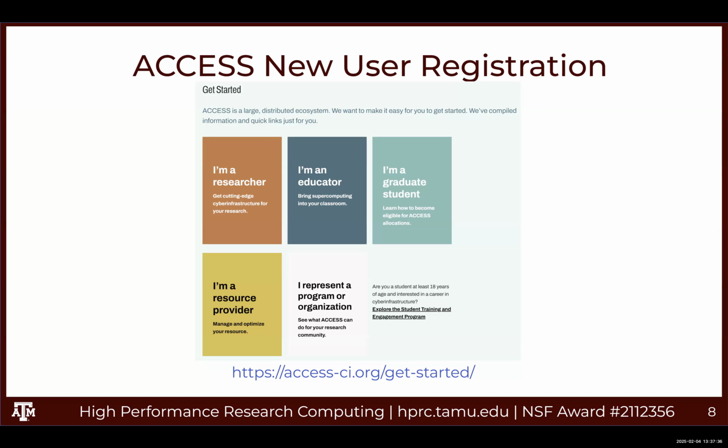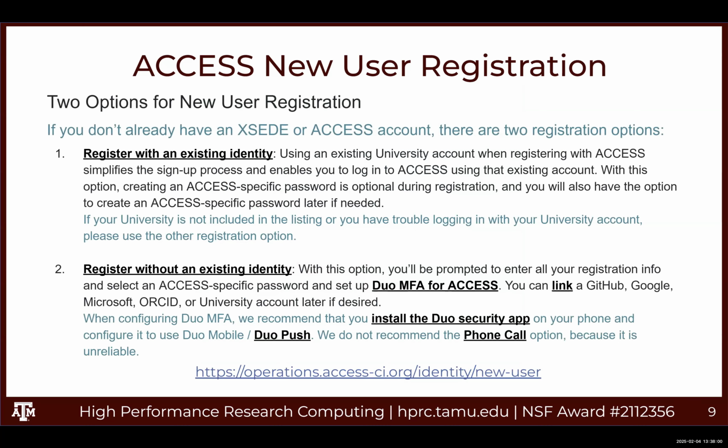So there's national labs, there's just university resources like we have here at Texas A&M, HPRC, and there are many, many clusters. We are not interested in looking at all of those today because we're really interested in looking at what we have to offer through ACCESS. So you can look at those different things. But here for new registration, actually, if you don't have, so XSEDE was the precursor to ACCESS.